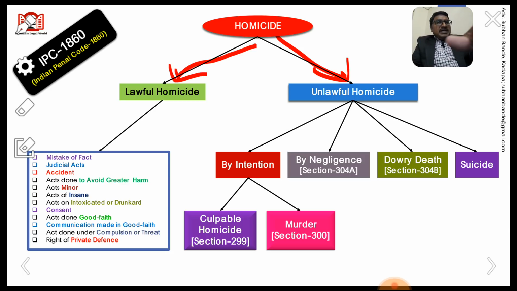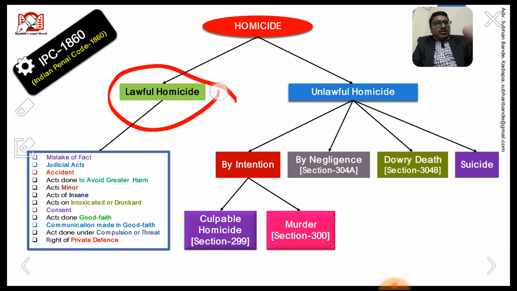A killing of a human being by another human being may be lawful if an act which causes the death of the other human being is done because of mistake of fact, judicial acts, accident, acts done to avoid greater harm, acts of the infant, insane, or intoxicated, acts done with the consent of the victim, acts done in good faith, communication made in good faith that results in the death of another person, an act done under compulsion or threat that causes the death of another person, and the right of private defense.